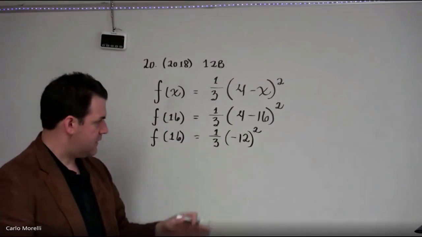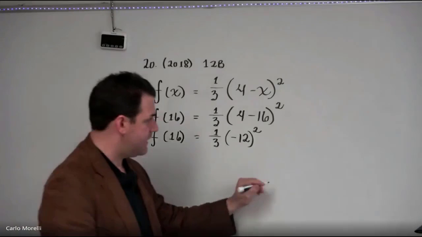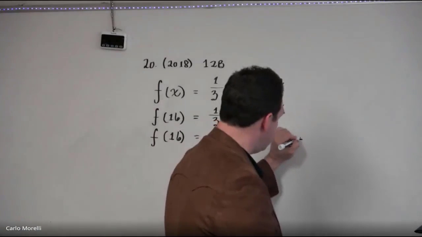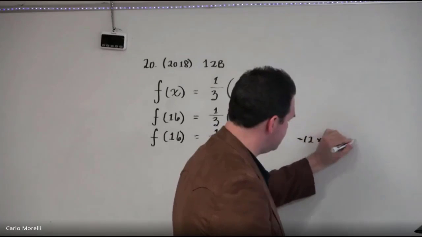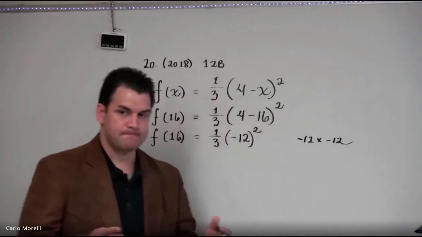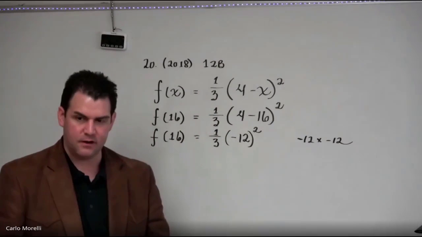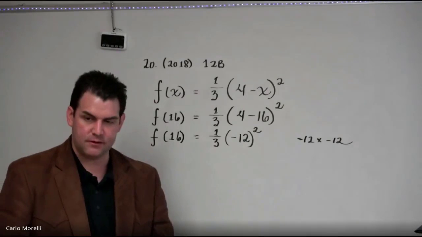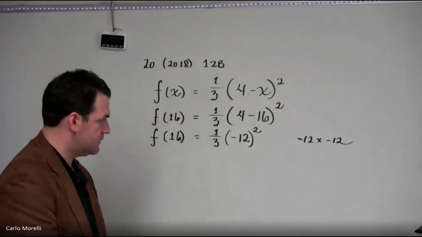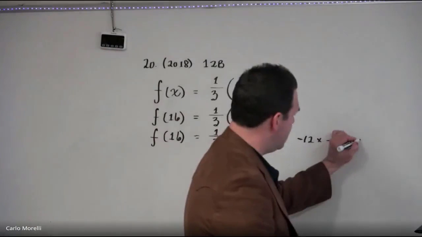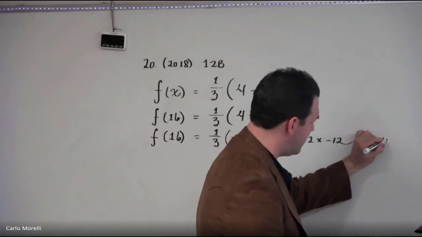Now, negative 12 squared is the same thing as negative 12 times negative 12. A negative times a negative is a positive, and most of us know our perfect squares up till 12. What's 12 times 12? 144. So negative 12 times negative 12 is positive 144.